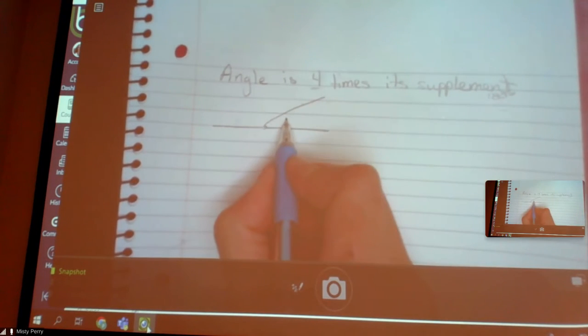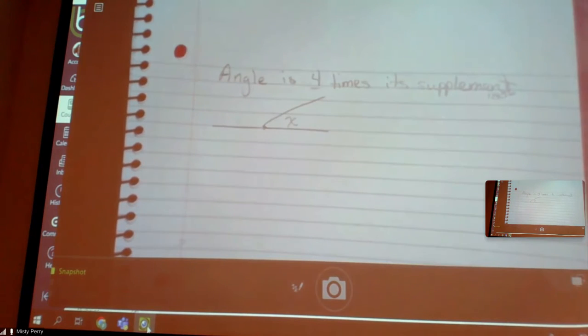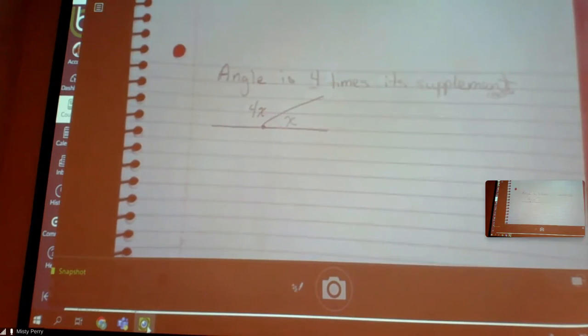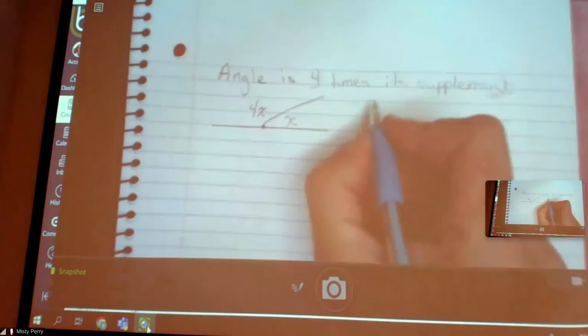So if I call this angle x, and I want to figure out how much is 4 times x, I would just fill it in this way, right? 4 times x. Then solve it the same way as always.